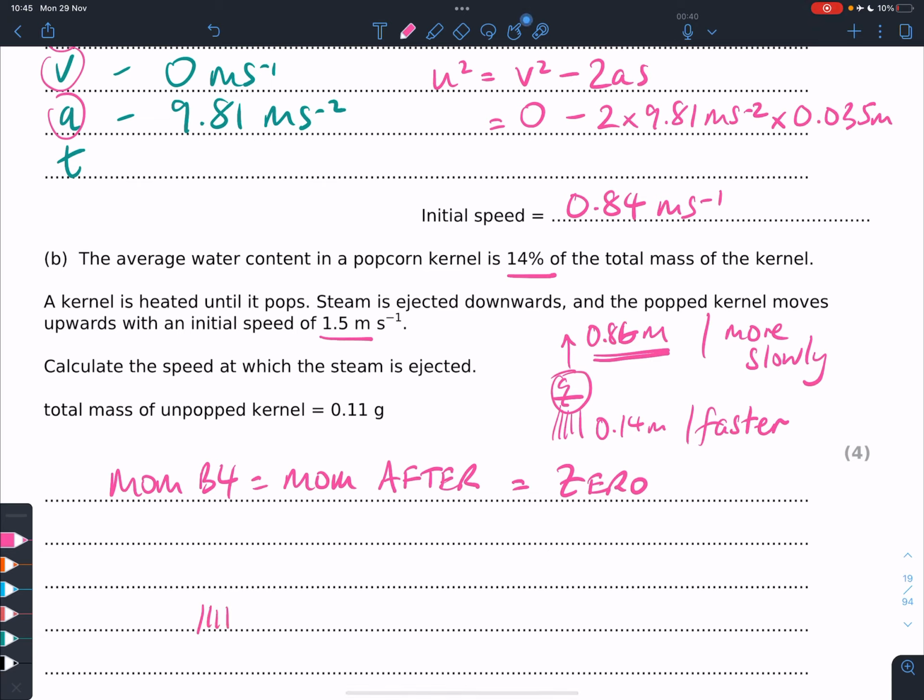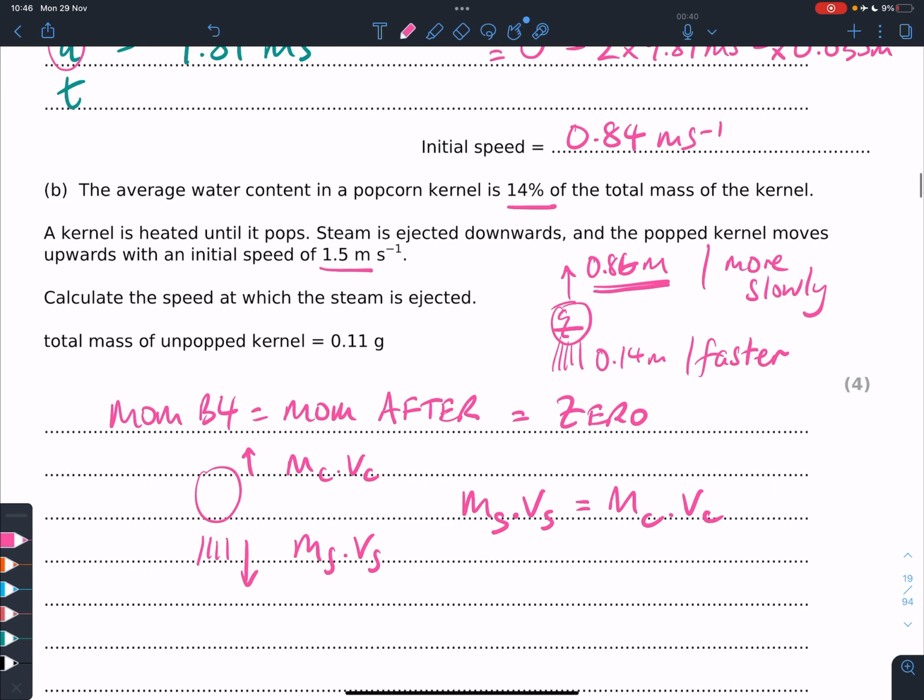So the momentum after has got two parts. We've got the steam going down, which is the mass of the steam times the velocity of the steam, and we've got the corn going up, so the mass of the corn times the velocity of the corn. Because these are moving in opposite directions, when we add them together, they must equal 0, so they need to be equal and opposite. So the mass of the steam times the velocity of the steam is equal to the mass of the corn times the velocity of the corn.